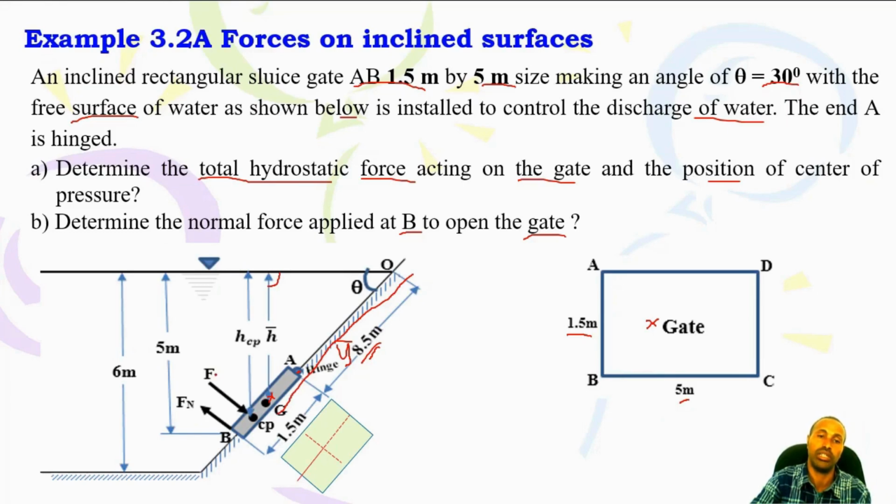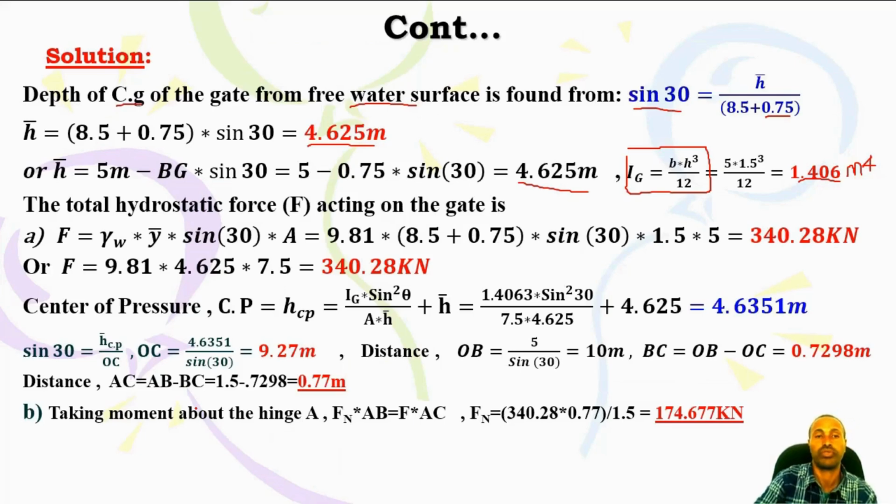Then you get 340.28 kilonewton, or F is 9.81 times h bar multiplied by the area of the gate, which is 1.5 times 5. You can use h bar already calculated above, which is 8.5 plus 0.75 times sine 30.